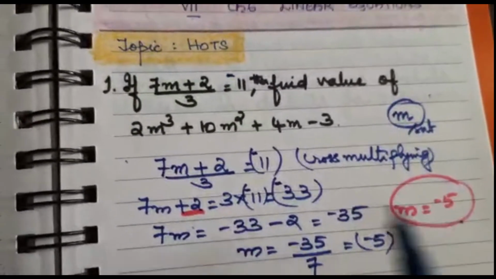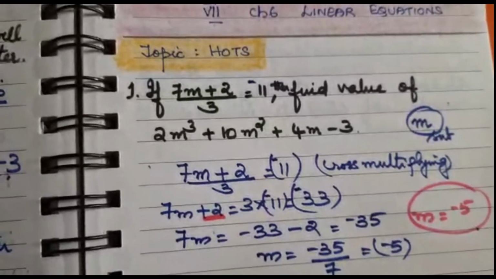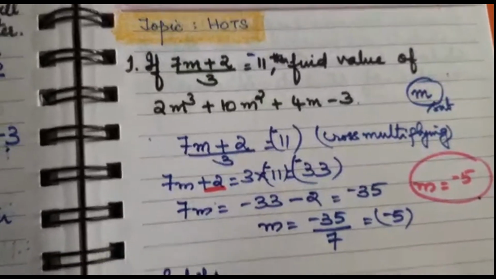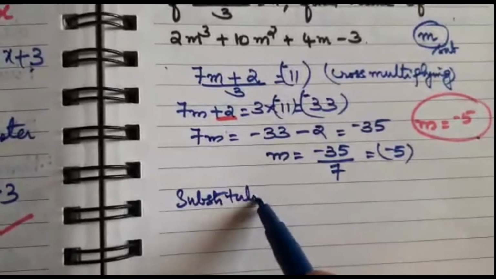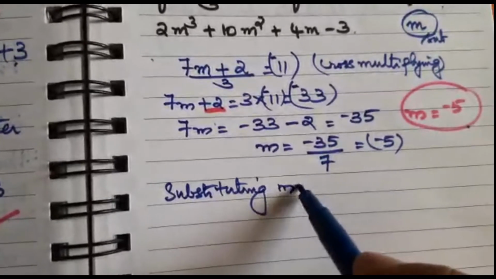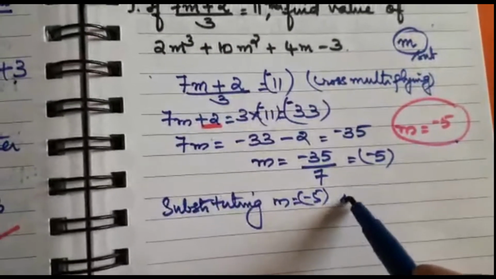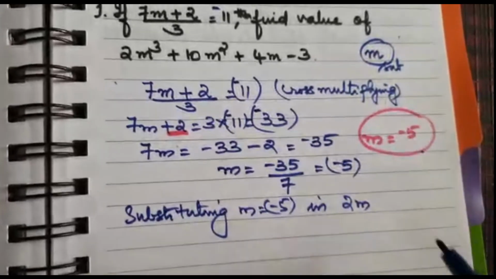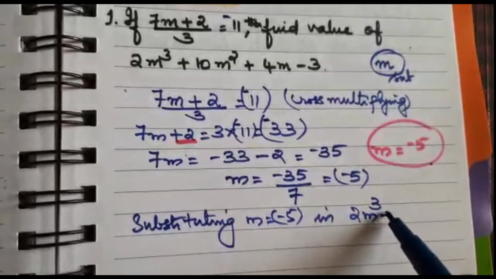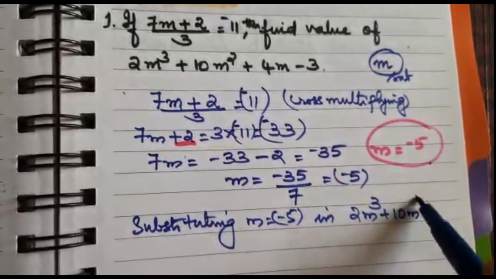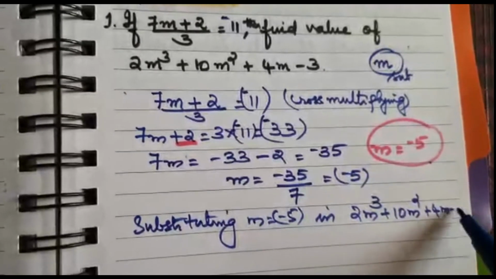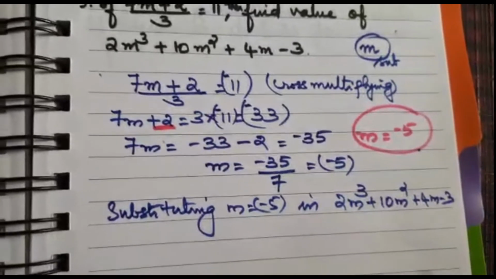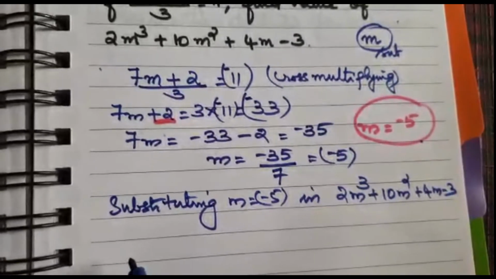Now this value has to be substituted in the equation. So substituting m is equal to minus 5 in, what is the expression given? The value of this algebraic expression, 2m³ + 10m² + 4m − 3. This is not an equation, this is an algebraic expression.